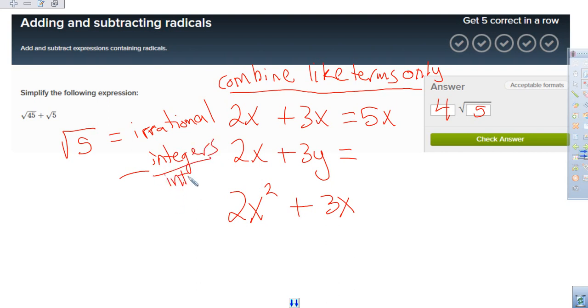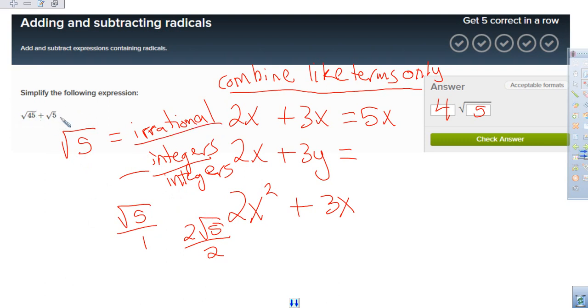Integers on top and on bottom. So the only way for me to express the square root of 5 is to write it as the square root of 5 over 1, or 2 times the square root of 5 over 2. And that's the only way I can write it as a fraction, because I can't put it as an integer over an integer. So we call this an irrational number.